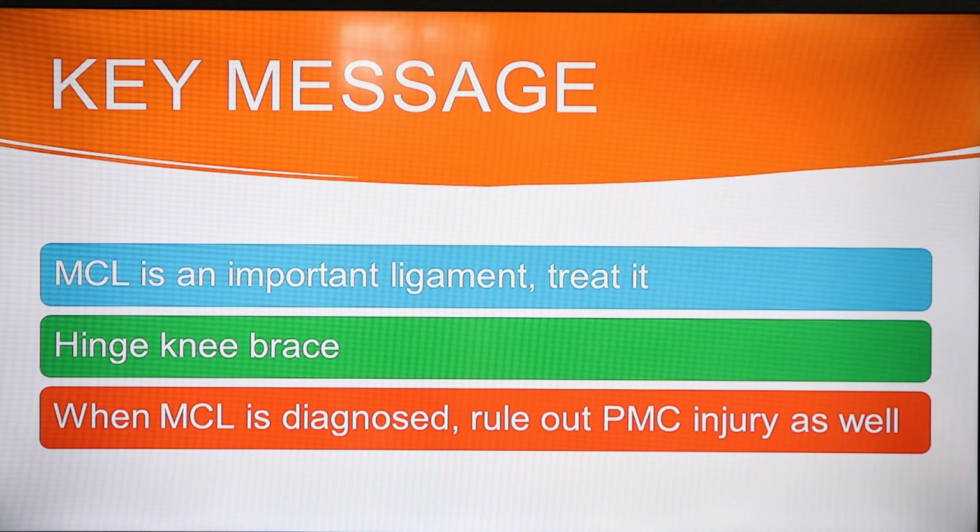I myself tend to stick with conservative management. So far I have not seen a situation where an MCL tear complicated the outcome of ACL reconstruction following rehabilitation.